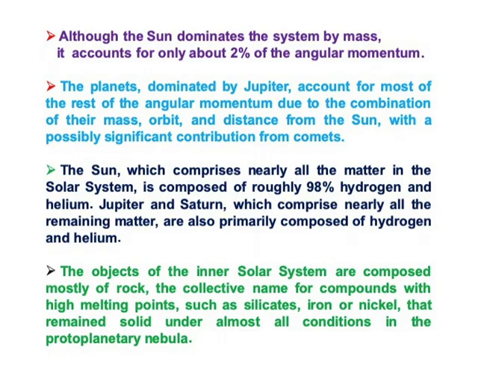Next, Jupiter and Saturn comprise nearly all the remaining matter, also primarily hydrogen and helium, the remaining 2%.